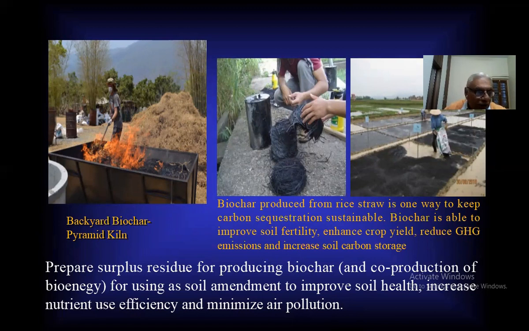So we can increase the nutrient use efficiency. When we apply the biochar in soil, then it retains the nutrients, and the nutrients are not leached down. So we can reduce air and water pollution.